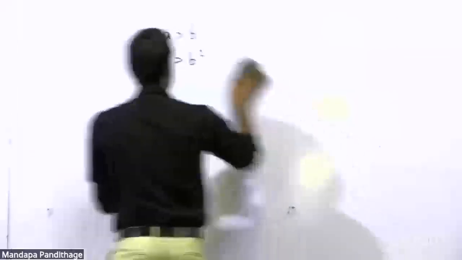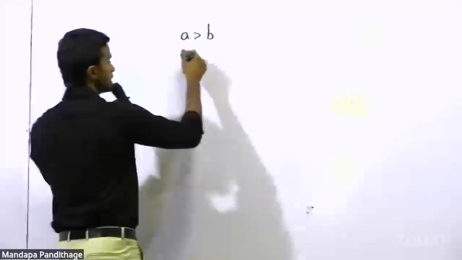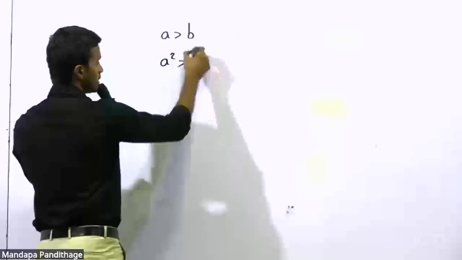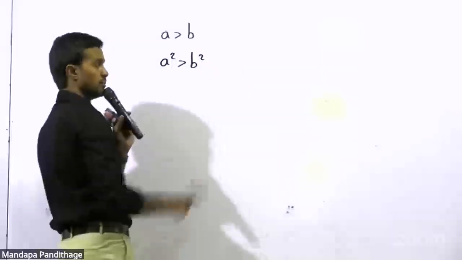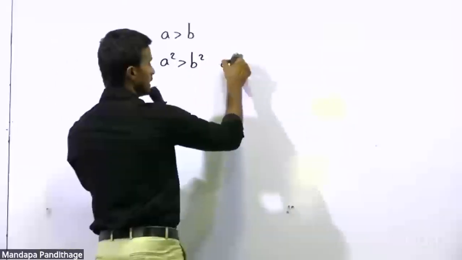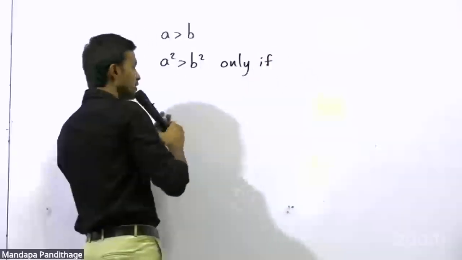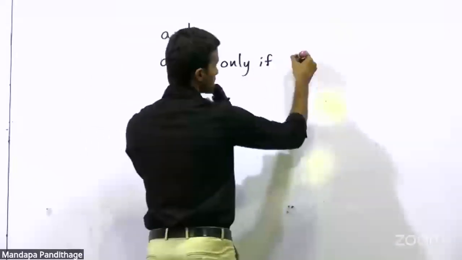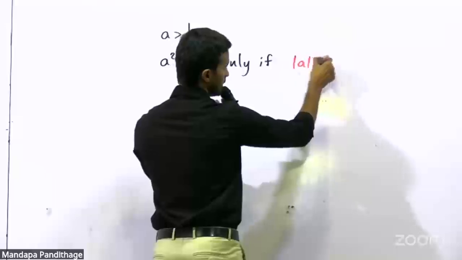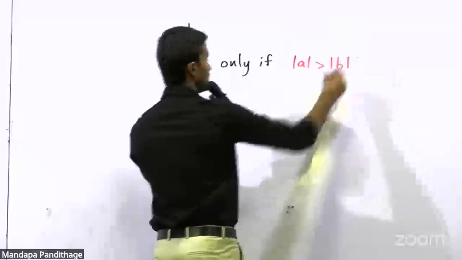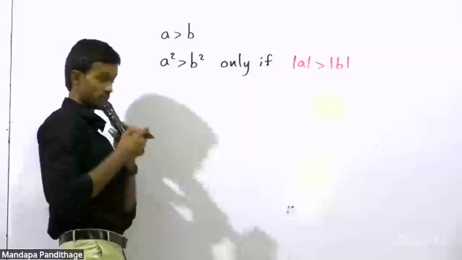You can square both sides of an inequality, if A is greater than B, and A squared is greater than B squared. But there is a condition: only if modulus A is greater than modulus B. So this is the condition.